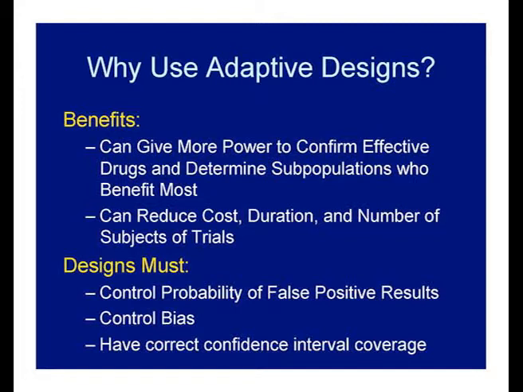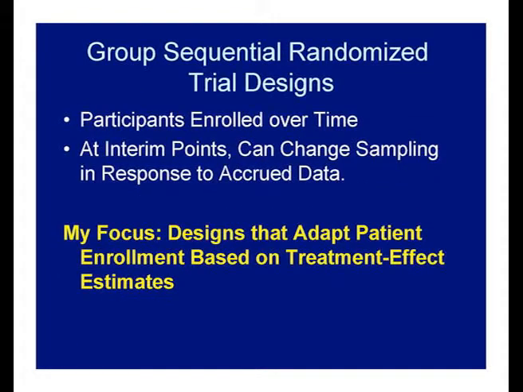And I'll be talking about the setting of group sequential randomized trial designs where patients are enrolled over time, and at interim analyses that are pre-planned, there's an option to change some part of the sampling in response to the data that's accrued. And in all of what I talk about, all of these designs, the adaptation is pre-planned. There's some decision rule that's been written up in the study protocol, and the focus is on adequate and well-controlled trials, so essentially phase 2B or phase 3 trials.